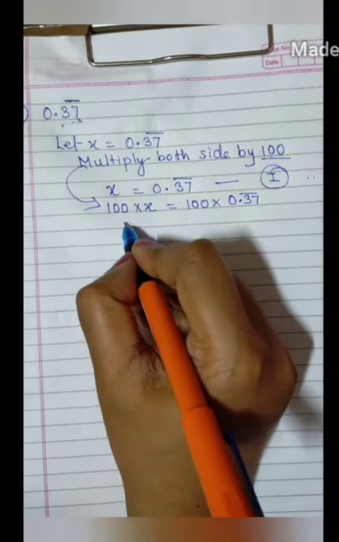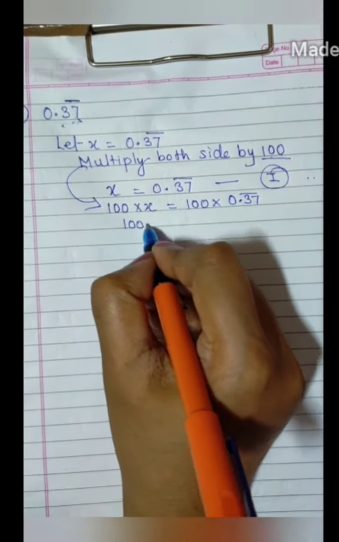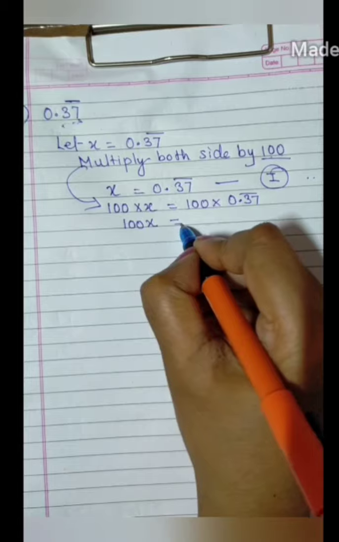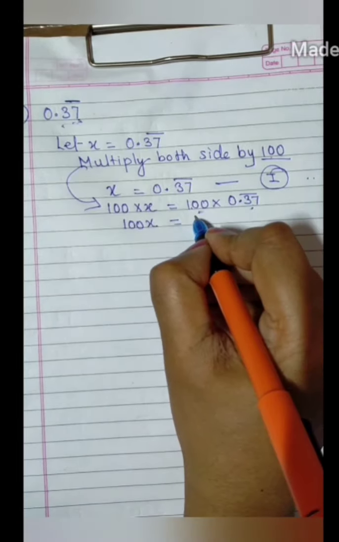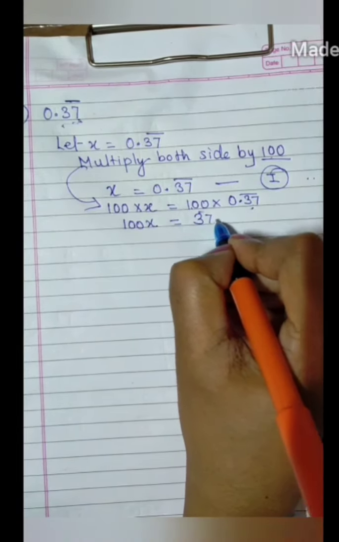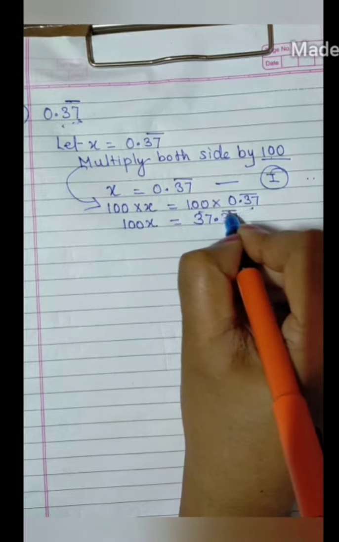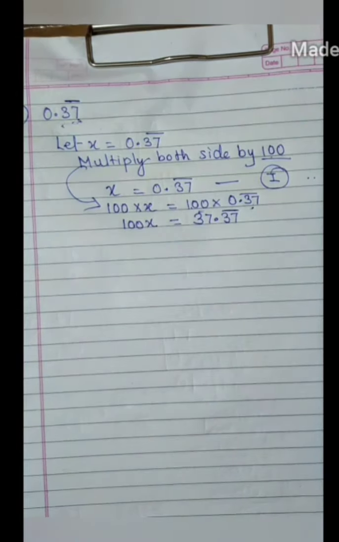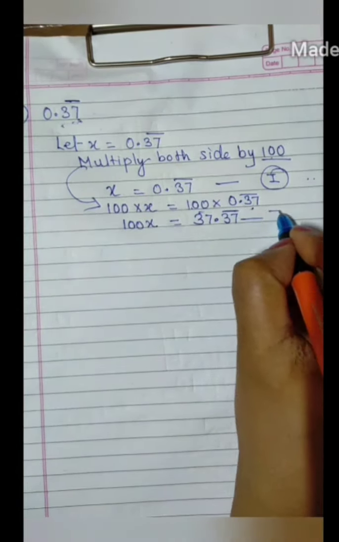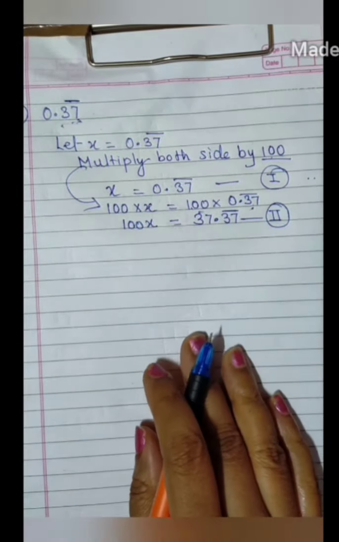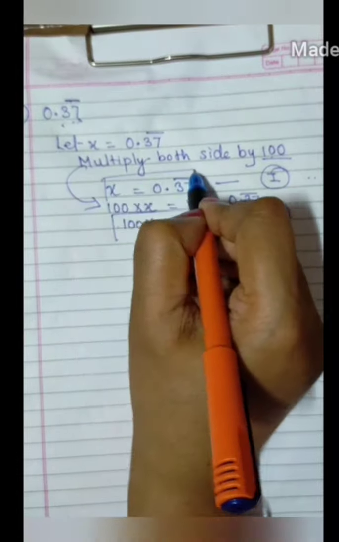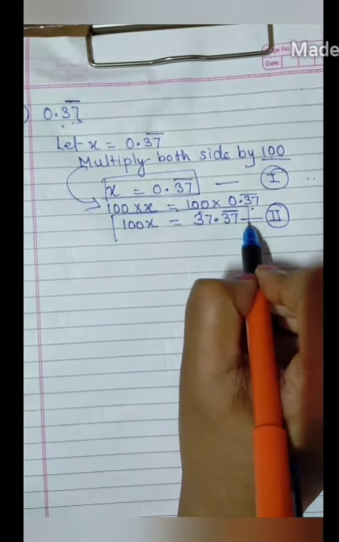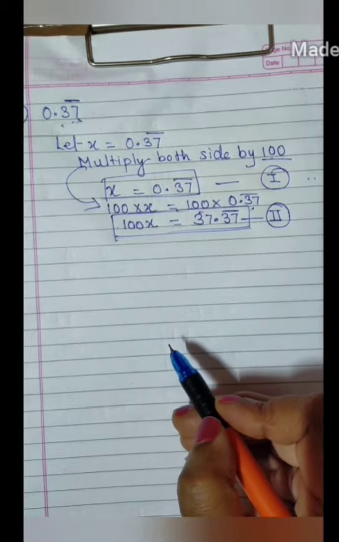Okay, now after that 100 into x is 100x equal to, when we multiply this, we will get 37.37 bar. This is our second equation. We got the first here and the second here.